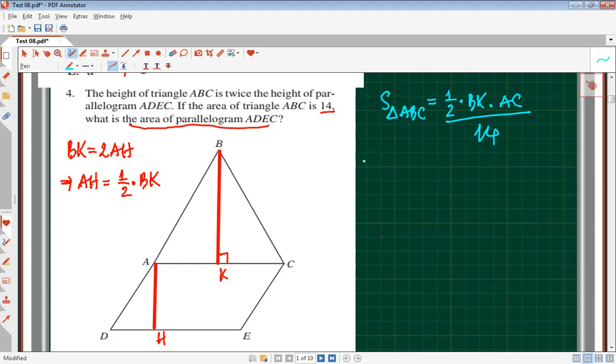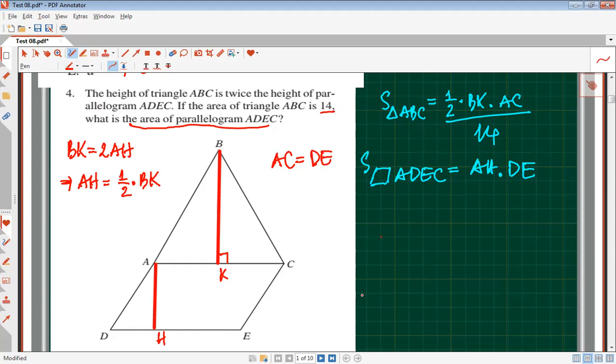On the other hand, the area of parallelogram ADEC equals AH times DE. Of course, we have that AC equals DE.